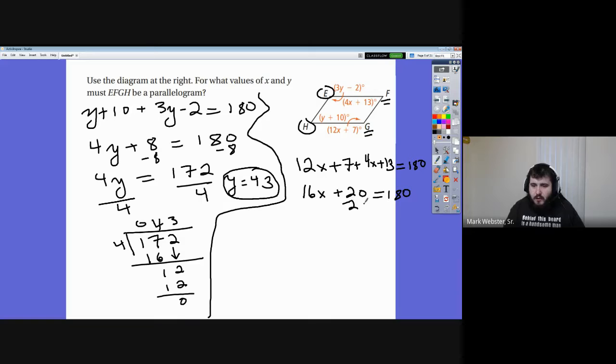Subtract the 20. So now we're left with 16x equals 160, right? 180 minus 20 is 160. Gotta not forget the 0. But when you divide by 16 here, 16 divided by 16 is 1, so 160 divided by 16 had better be 10.